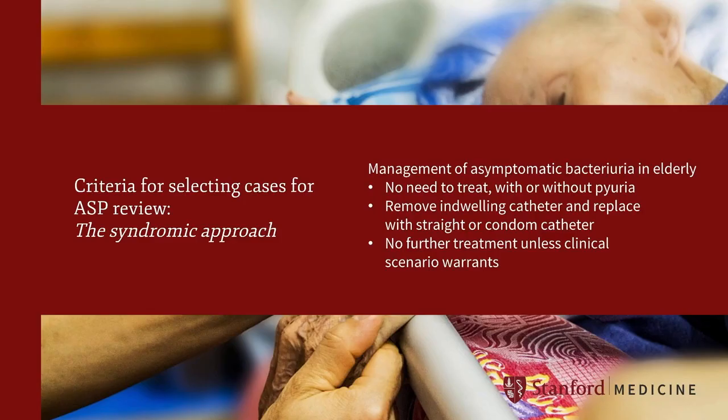Asymptomatic bacteriuria, with or without pyuria, should not be treated. In the elderly or residents of long-term care facilities with asymptomatic bacteriuria, we suggest removal of the indwelling catheter and replacing it with a straight or condom catheter, along with other prevention measures.